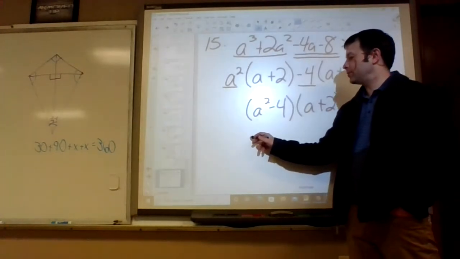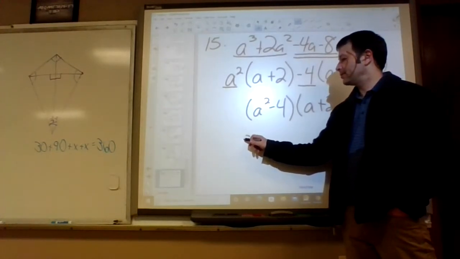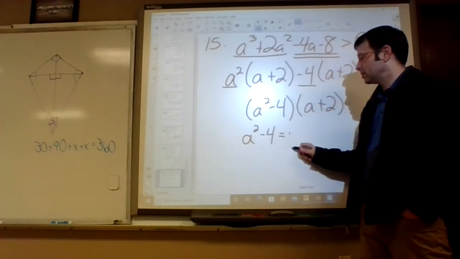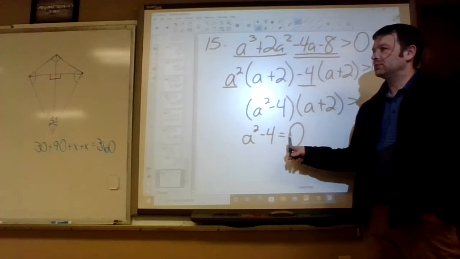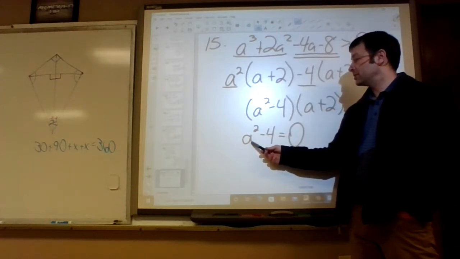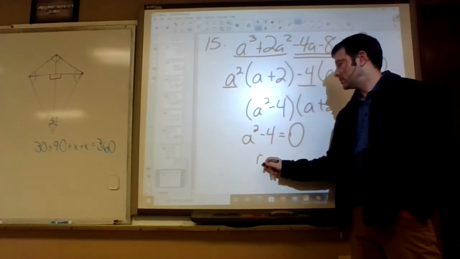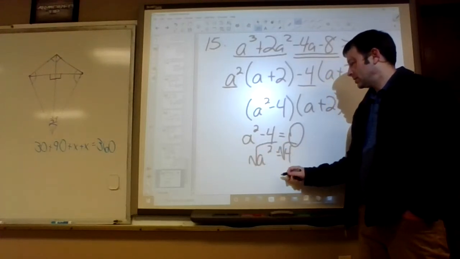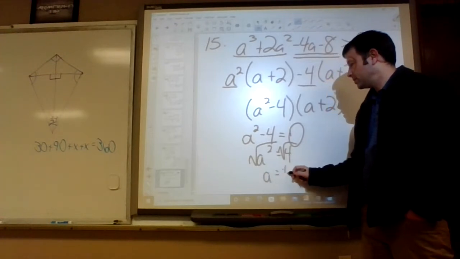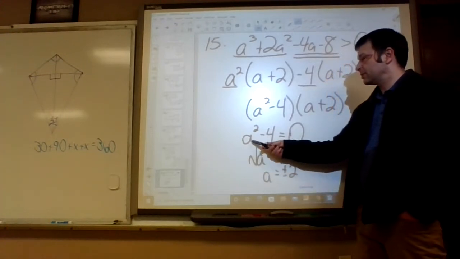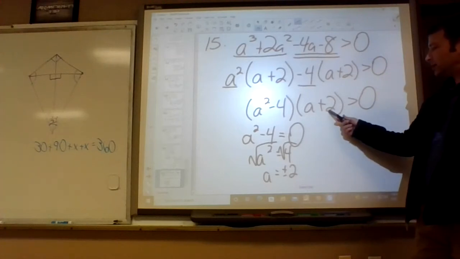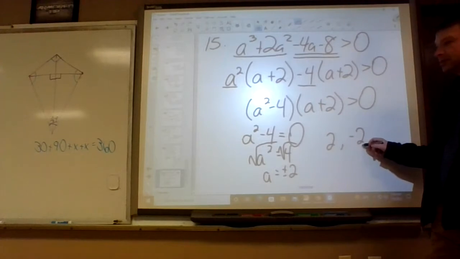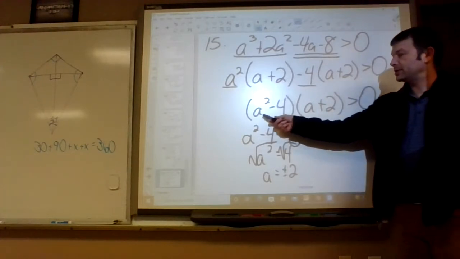So if A squared minus 4 is a factor, what could A be? It could be 2, but it also could be negative 2, because negative 2 squared is also 4, right? And the other one's just negative. So negative 2 is a double root, because it works there and it works in there.